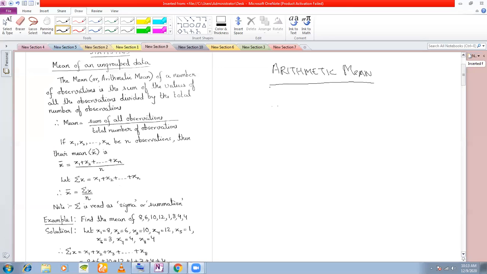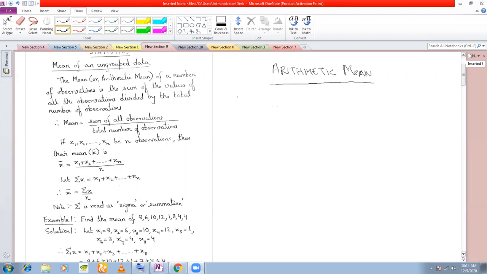Anyone who does not know how to do this average, just tell me. Anyone? All of you know how to calculate averages? Suppose I want to find out the mean age of the students in your class. Then I'll take the age of each of you and I will add them up and I will divide by the number of students in the class.